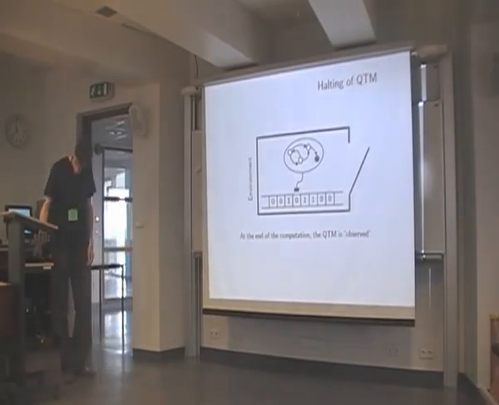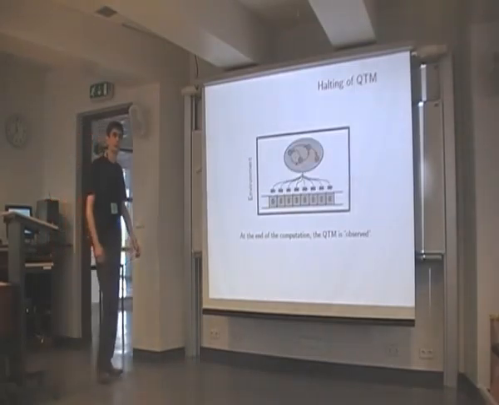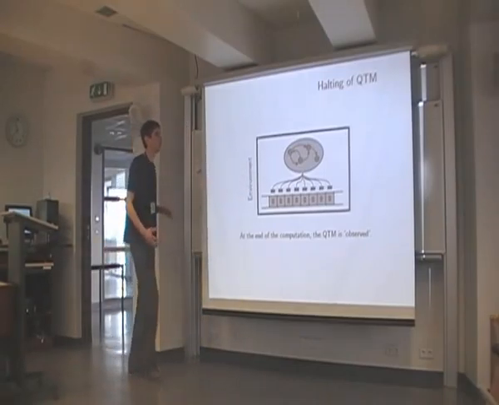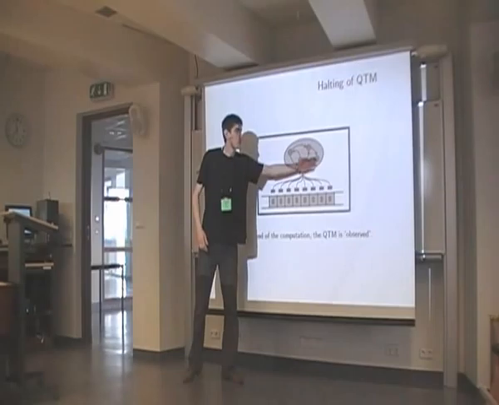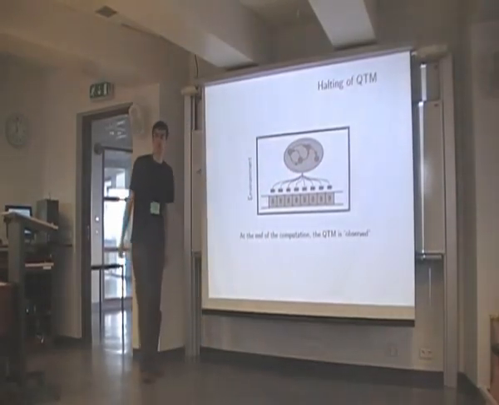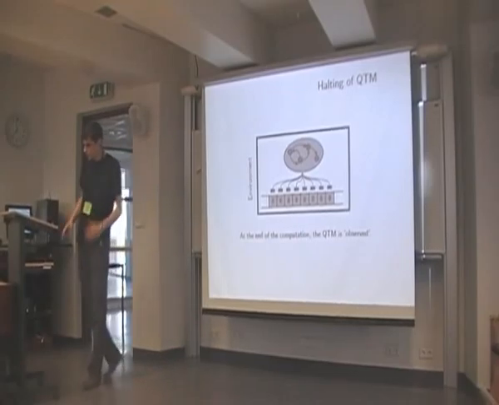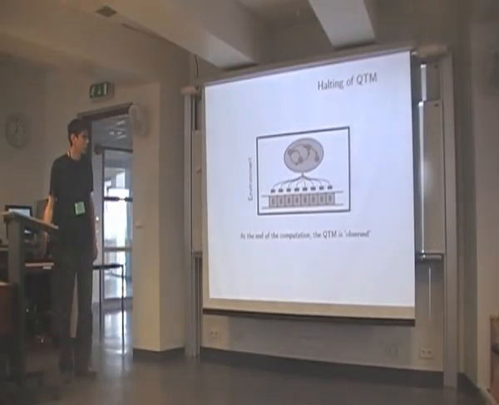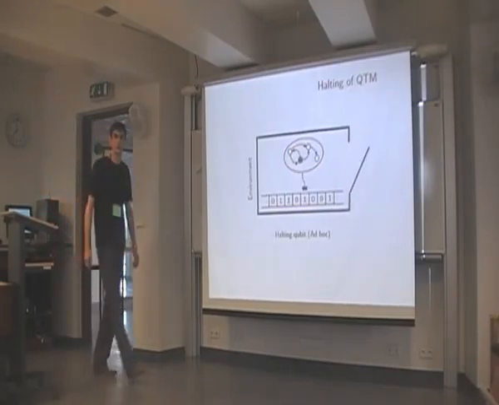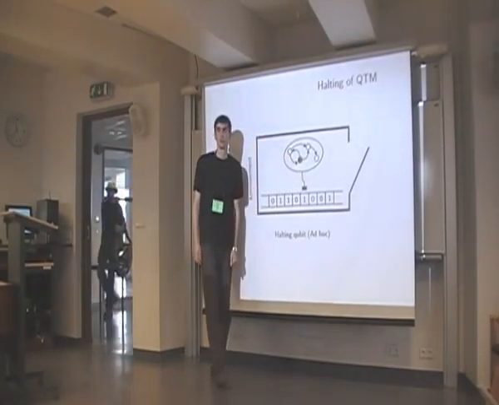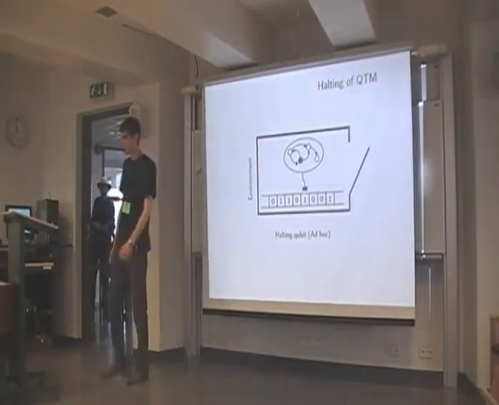But just before the end of the computation, since the system is isolated, you have no way to know if the halting state is reached or not. So you wait for a long time, then you measure, and if you are not lucky, then you obtain a configuration which is not a halting configuration, not a final configuration.